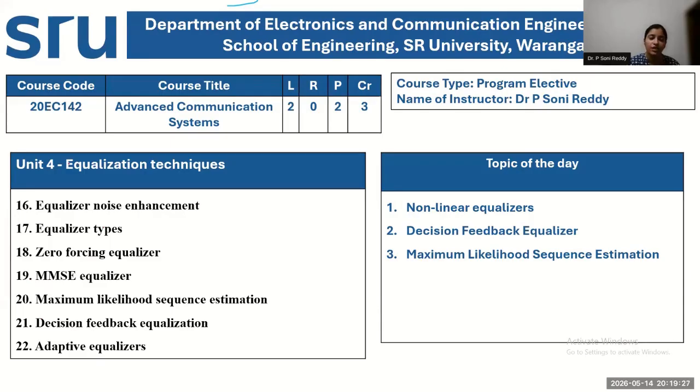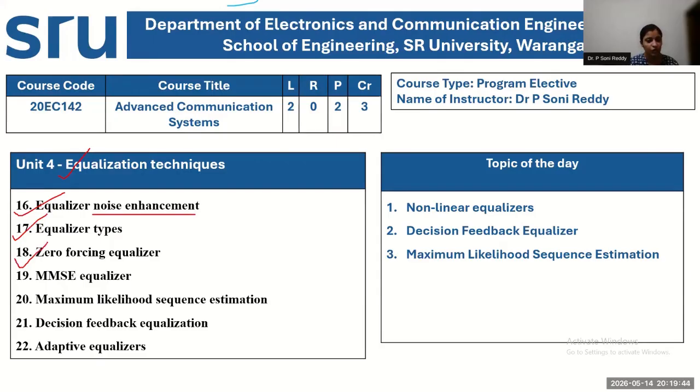we have discussed in all the previous lectures what an equalizer is, what the need for an equalizer is, how an equalizer minimizes ISI, how an equalizer increases the noise present in the wireless communication channel, and what the types of equalizers are.